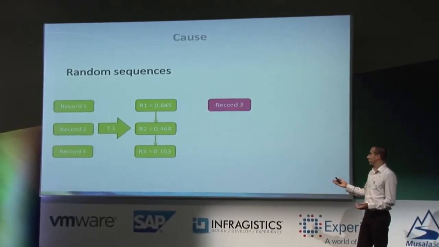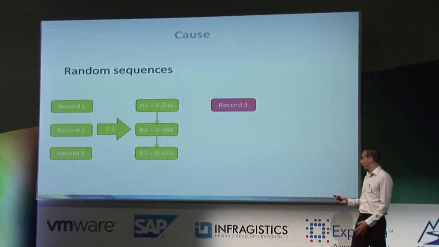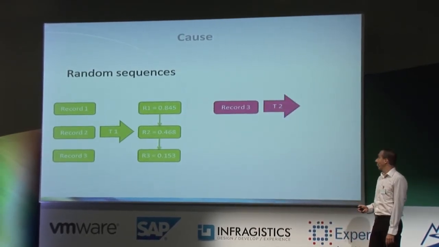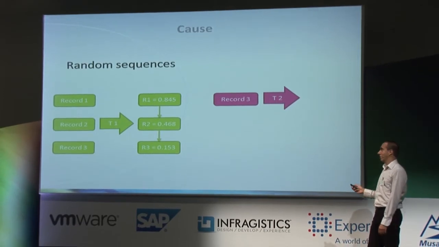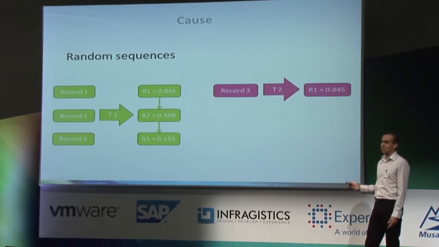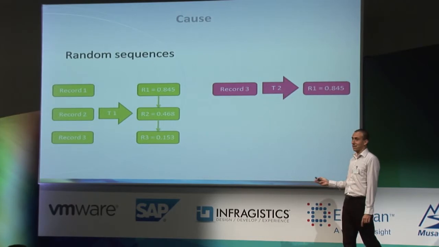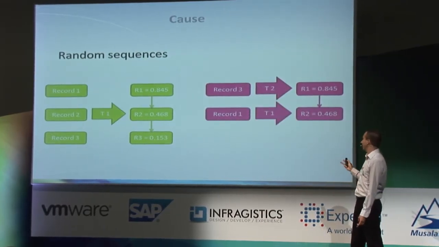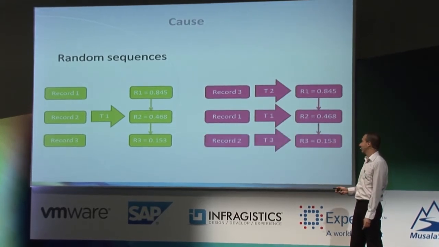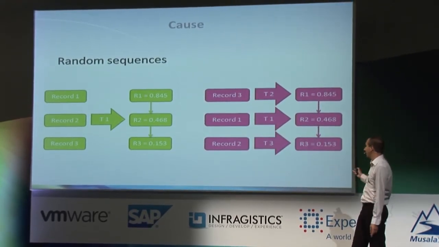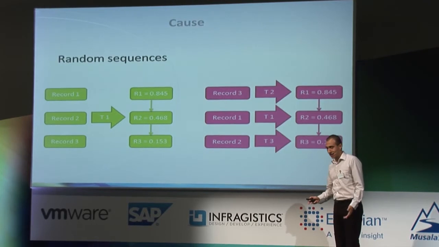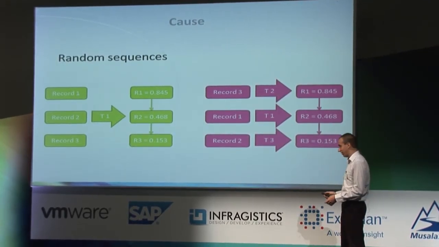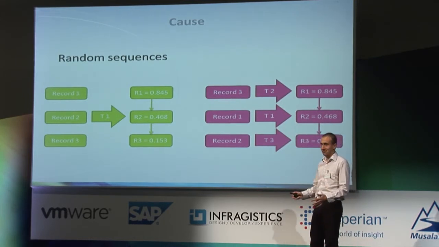We can get record number 3 handled first by, let's say, thread 2, and if we call the random function, it will return to it the first element of the random sequence. Later on, the first record will get the second element, the second record will get the third element, and each time this will be different. So instead of a random sequence, we get just random.